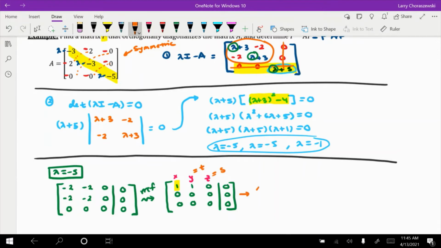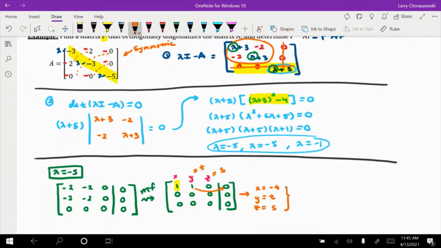Row 1 would tell us that x is equal to -t. All right, and that comes from rewriting equation 1 as x plus t plus 0 equals 0, and then isolating x by subtracting t over. Then we define y as our parameter t, and then z as a parameter s.